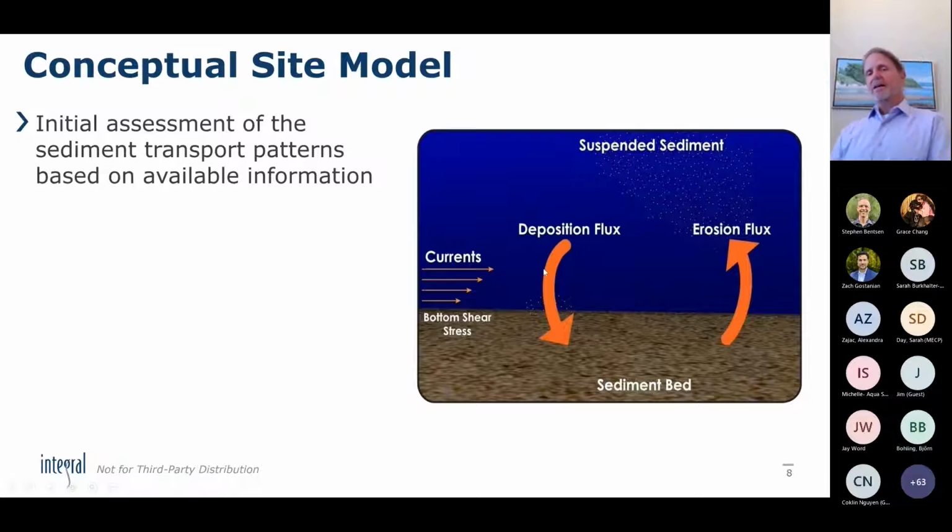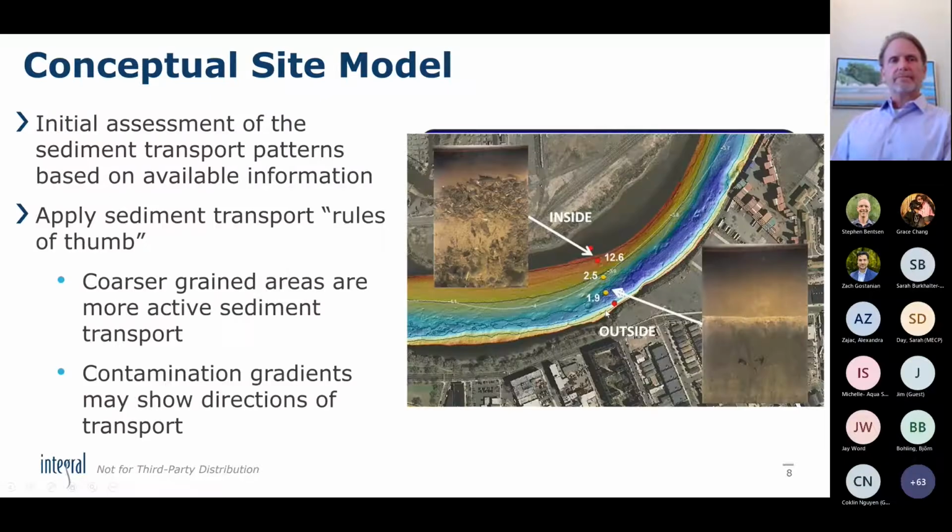And then it hits an area where the flow is slowed down and the sediment can deposit out. Now, this can happen at one location due to tides that are lifting sediment up, eroding sediment up, and depositing it back down. But generally in an area over the long term, it will tend to be erosional, depositional, or fairly stable. So those are the kind of things we're looking at characterizing.